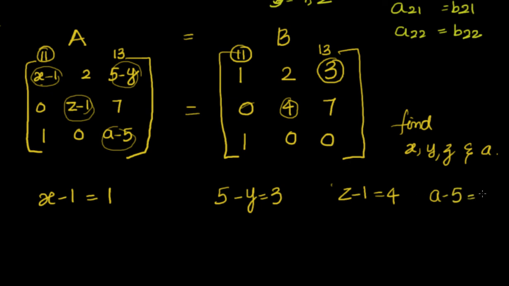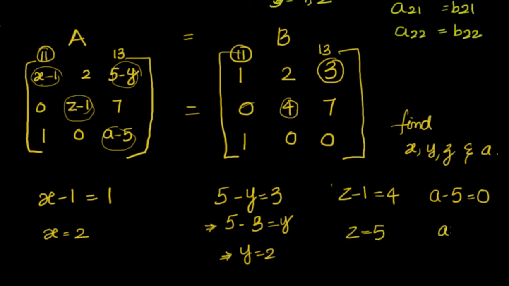And in the third row, third column, we have a minus 5, a variable, and its value should be equal to 0. Now if you solve these equations, you will get x equal to 2. From 5 minus y equal to 3, if you take y to that side, you have 5 minus 3 equal to y, so y equal to 2. Similarly, you will have z equal to 5 and a equal to 5.